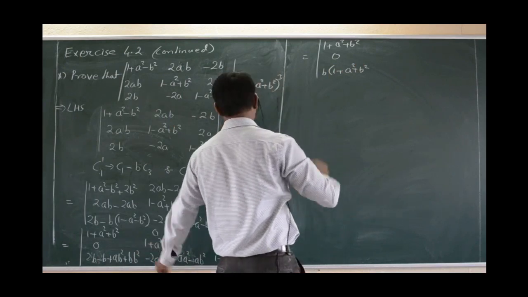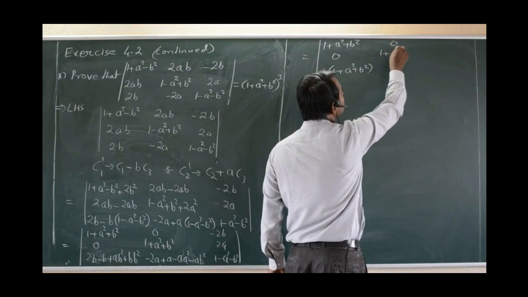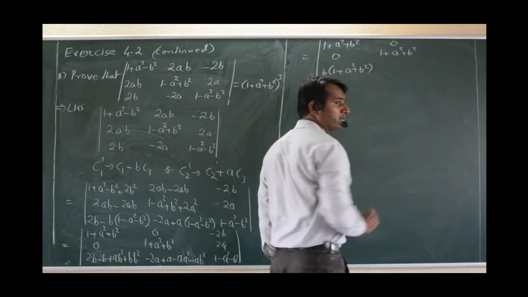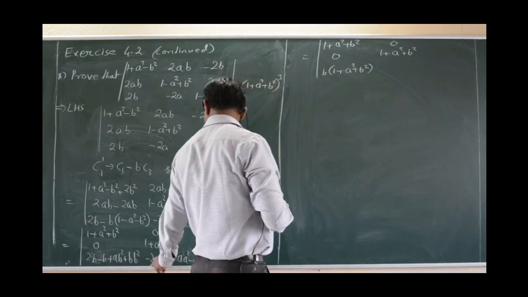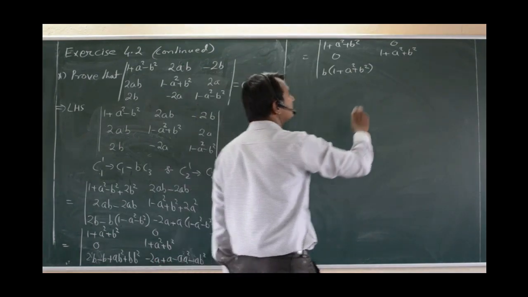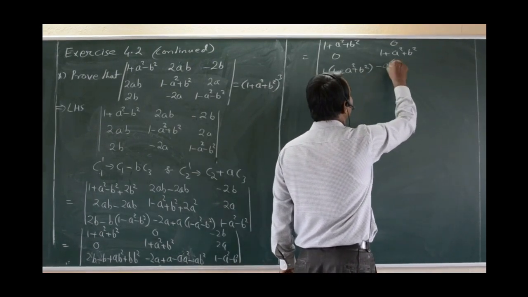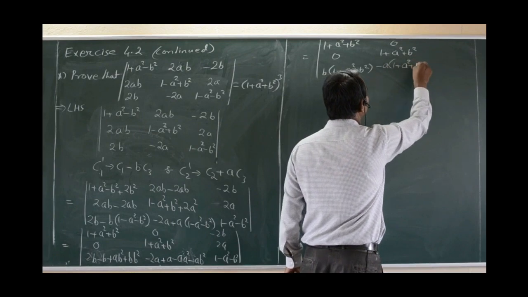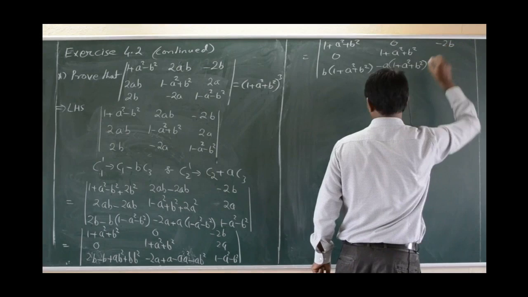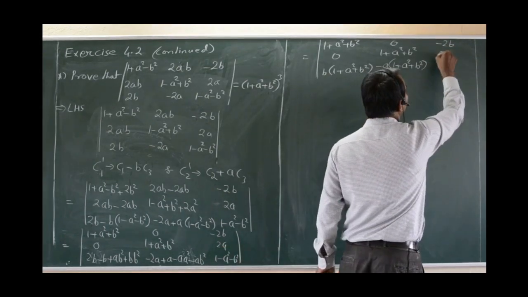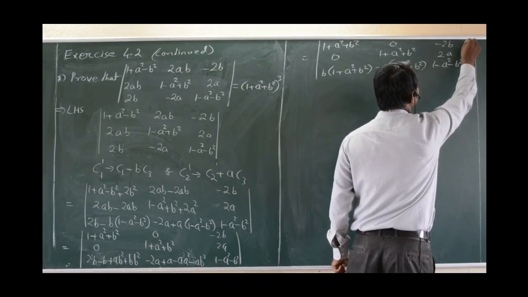The next values will be 0, 0, 1 plus a square plus b square, 1 plus a square plus b square. Next one is minus 2a plus a, that is nothing but minus a; if I take common, 1 plus a square plus b square. The third column as it is, minus 2b, 2a, and then 1 minus a square minus b square.